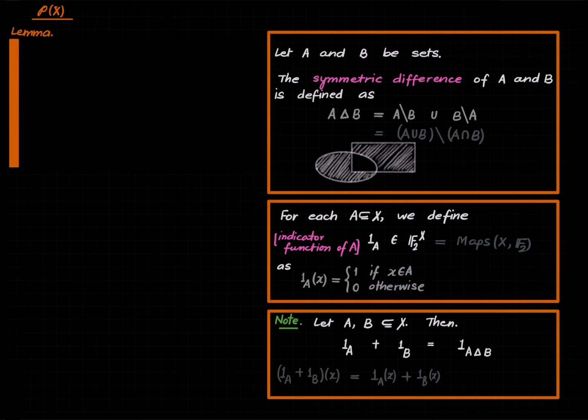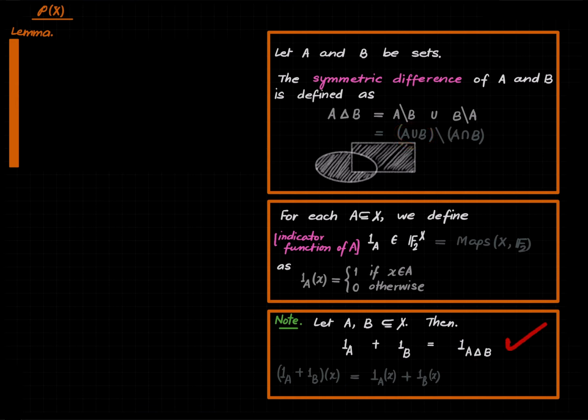First, x is lying in both A and B, then it matches. x lies only in A, then it matches. x lies only in B, then also it matches. And if x lies outside both A and B, that also has to be checked. Then this outputs a 0 and that also outputs a 0, and the right side also outputs a 0, because the right side is in particular contained in A union B. So you can just make 4 cases and check.